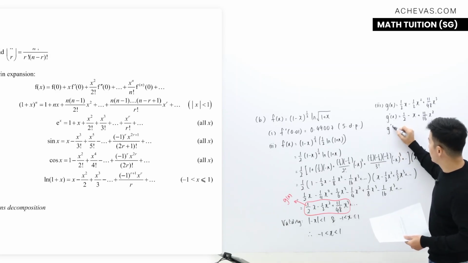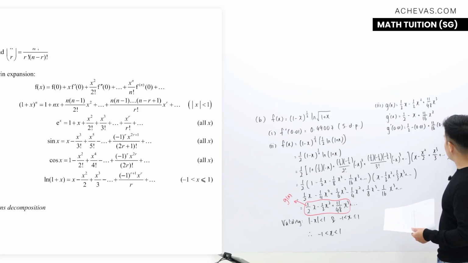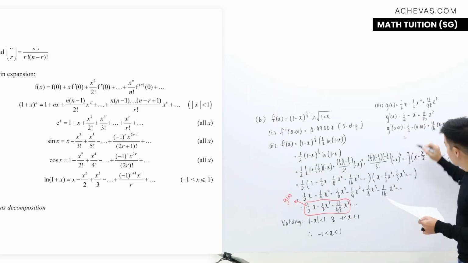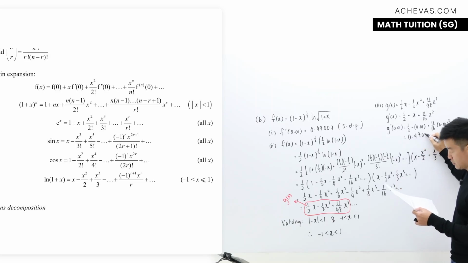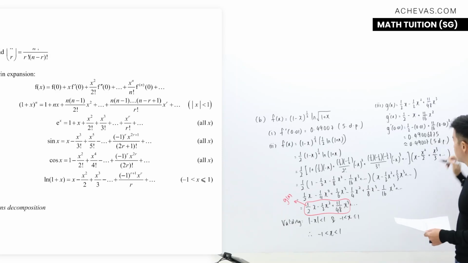So g prime of 0.01 is going to be half minus 0.01 plus 11 over 16 times 0.01 squared. If I press this into the calculator, this gets me 0.49006875, which is approximately 0.49007 to 5 decimal places.